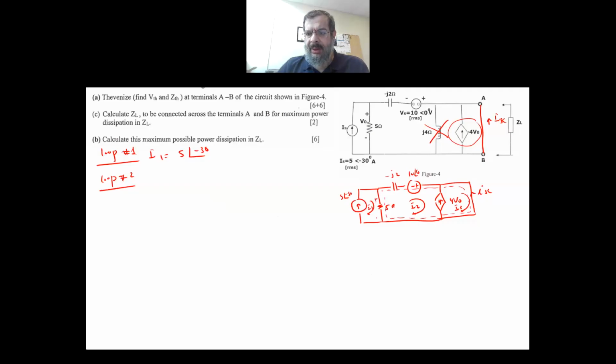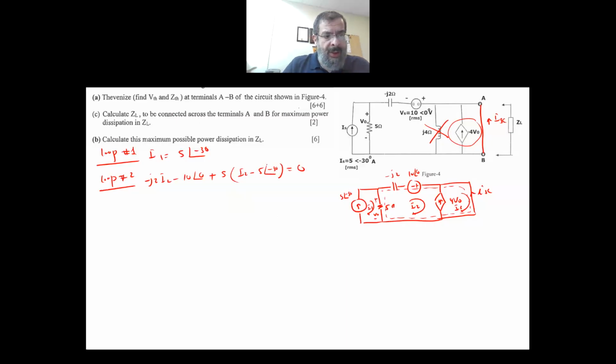Again, this is your V0, but here I don't need this because I will pass by the current. So basically you will apply KVL: minus J2 I2 minus 10 angle of 0, plus 5 times (I2 minus I1), which is 5 angle of minus 30, equal to 0.